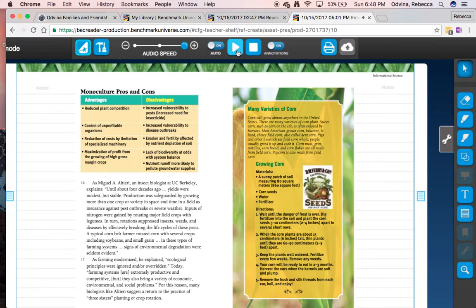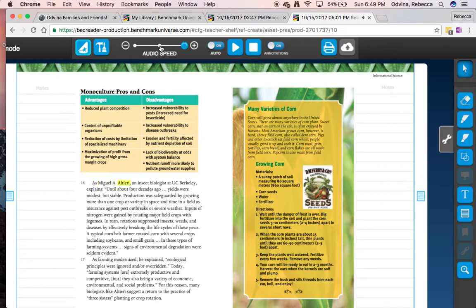Disadvantages: increased vulnerability to pests, increased need for insecticide, increased vulnerability to disease outbreaks, erosion and fertility affected by nutrient depletion of soil, lack of biodiversity at odds with system balance, nutrient runoff more likely to pollute groundwater supplies.